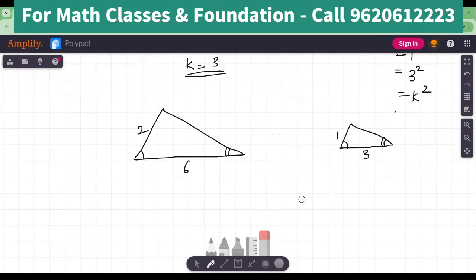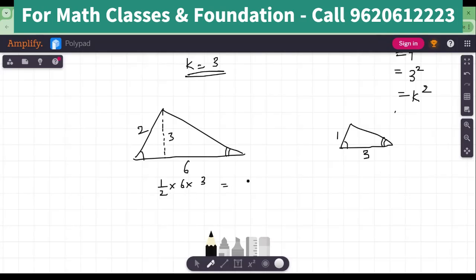Now coming to the sides and the area of this triangle. How do we find the area of this triangle? The area of the triangle is given by half into base into height. Let's say this height is 3 centimeter. The area of this triangle is half into 6 into 3, the base into height, right?